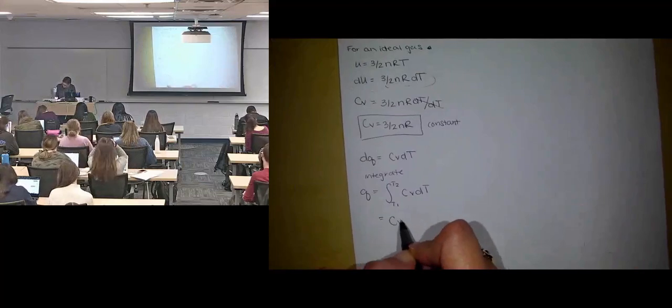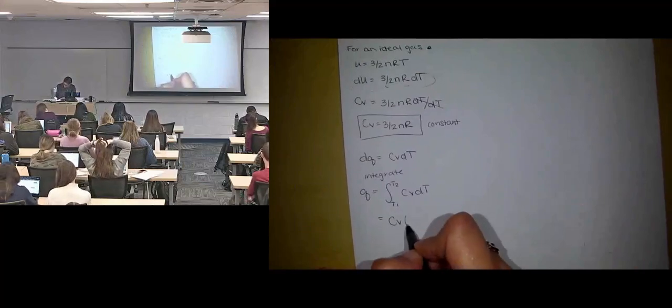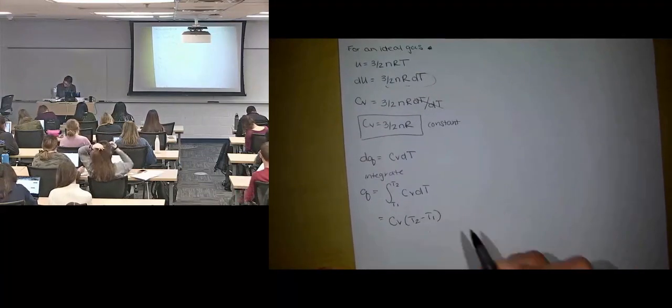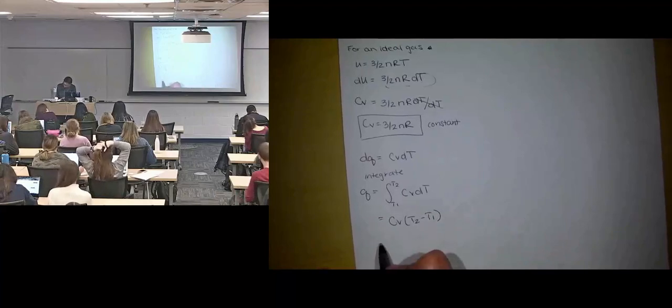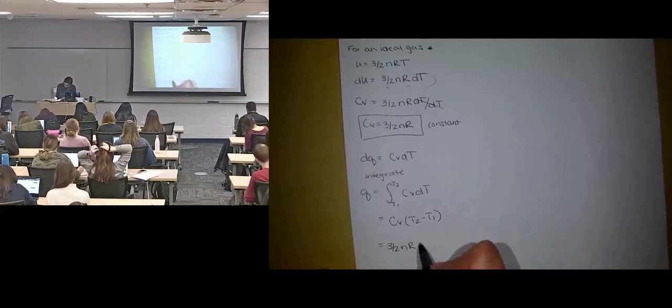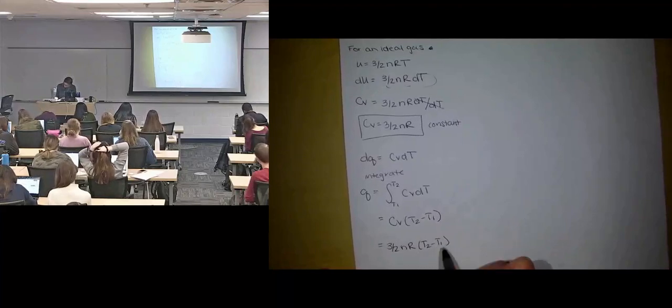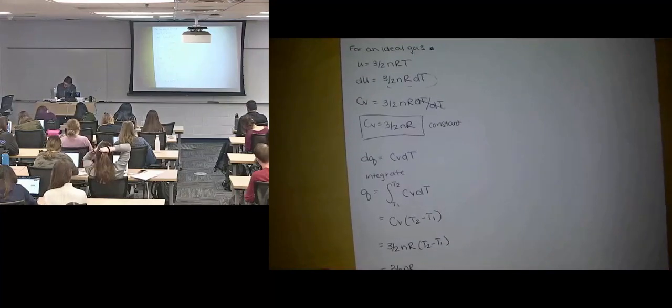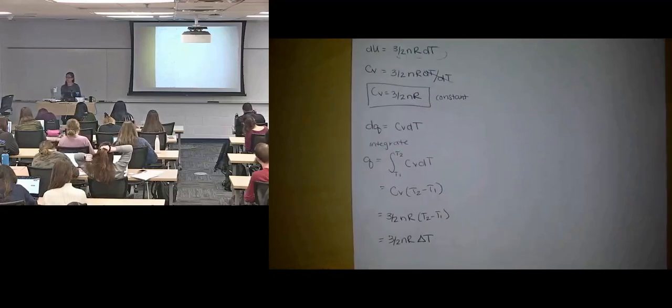This would be equal to isometric heat capacity times T2 minus T1. So you might see this as 3/2 nR (T2 minus T1), 3/2 nR delta T. Those are all variations on that equation that you might see.